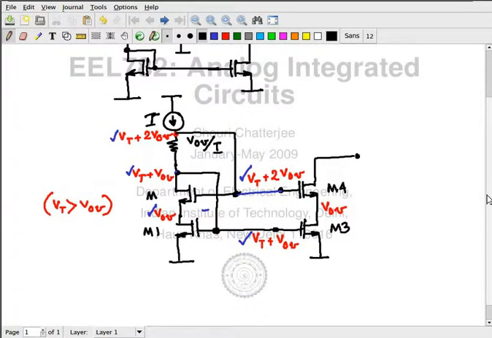So there are various other kinds of current mirroring techniques which I'm not going to discuss. There are ways to get rid of the resistor over there also. Okay.